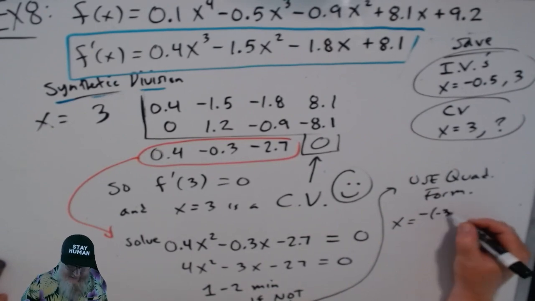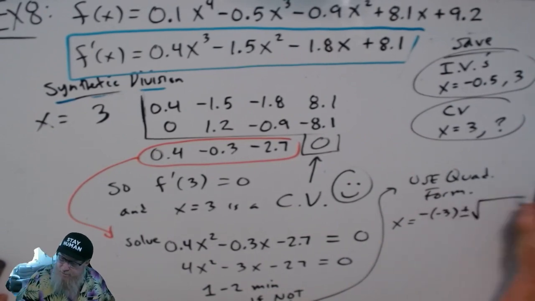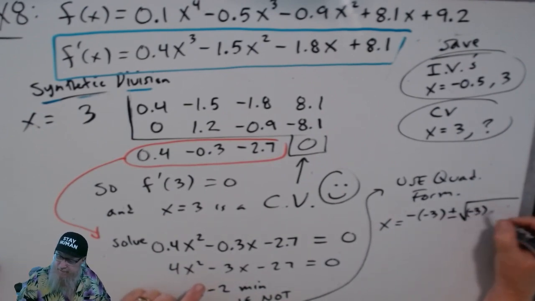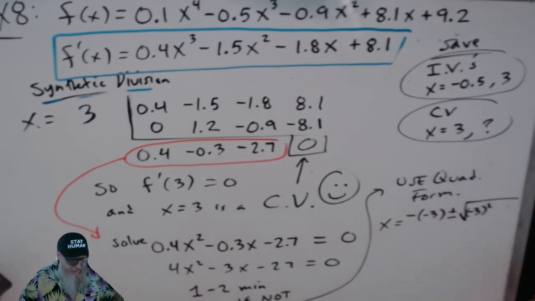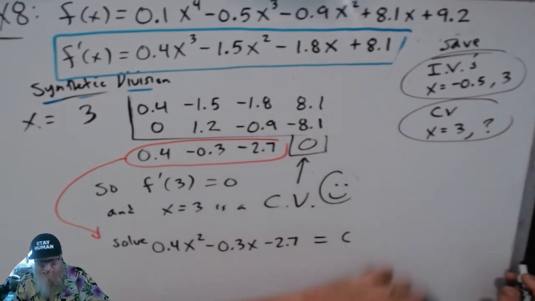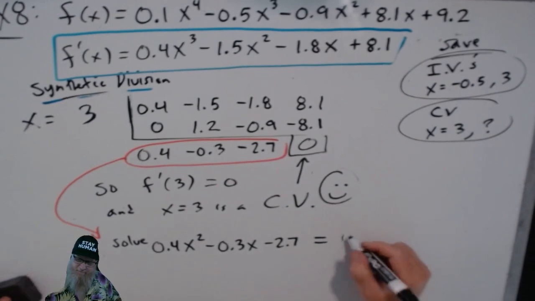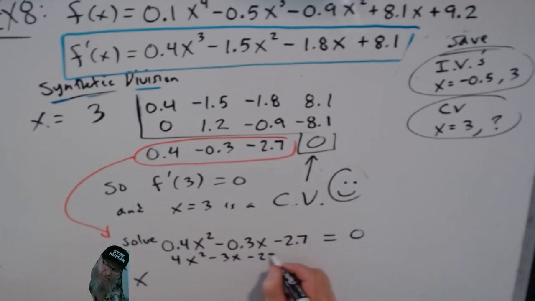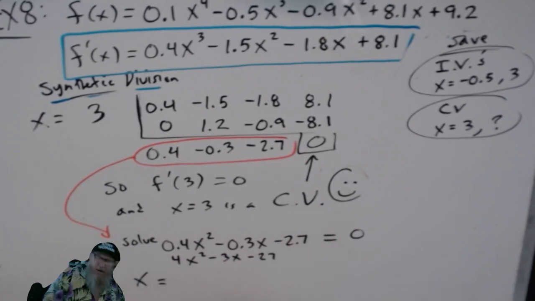Negative b plus or minus the square root of b squared. I'm going to need more room than that. So let's try it again.